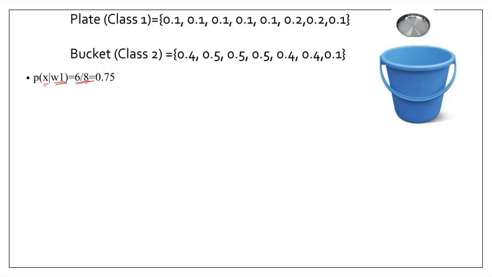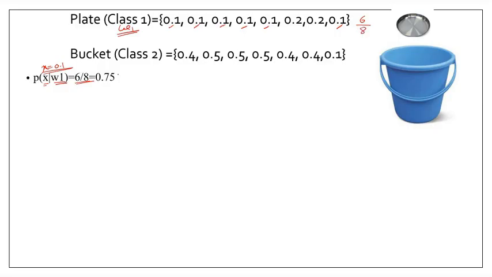Within omega 1, the measurement here is X equal to 0.1. How many times in omega 1 is 0.1 appearing? You just count: 1, 2, 3, 4, 5 and 6. So 6 times 0.1 is appearing out of 8 times.